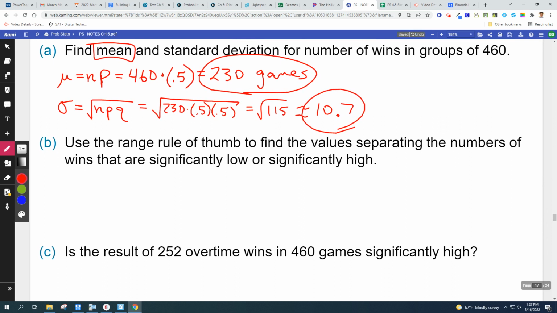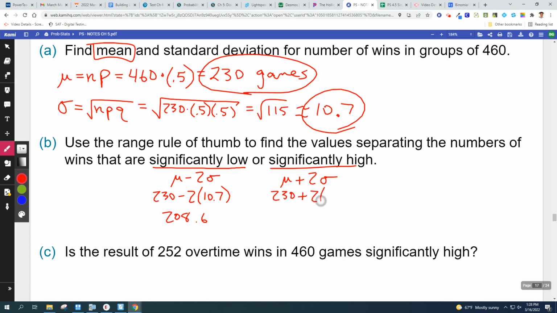Part B says use the range rule of thumb to find the values separating numbers that are significantly low or significantly high. Remember, significantly low was mean minus 2 standard deviations. Significantly high was mean plus 2 standard deviations. So we're looking at 230 minus 2 times 10.7, which is 208.6, and 230 plus 2 times 10.7, which is 251.4.